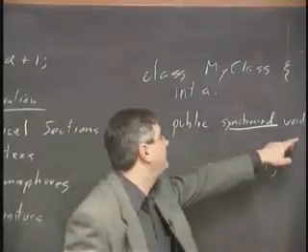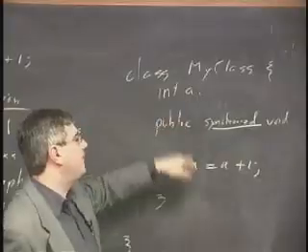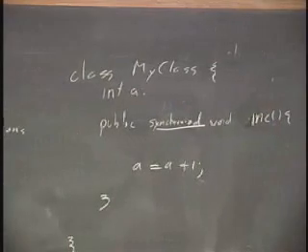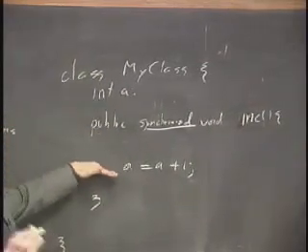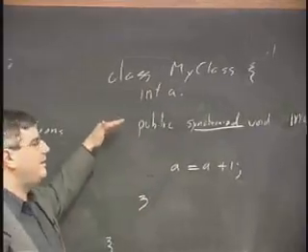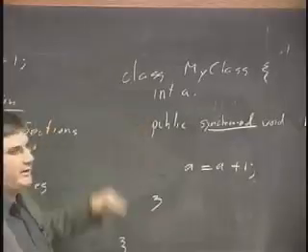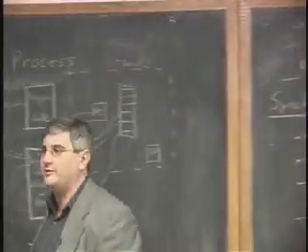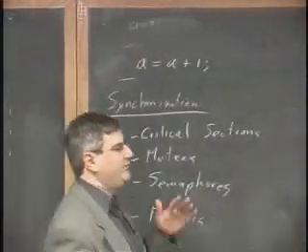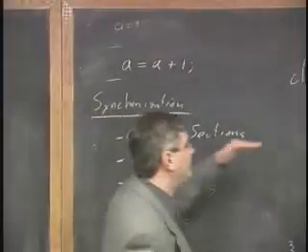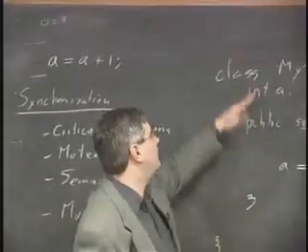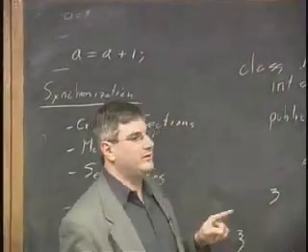If I make an instance of my class, and I have all my threads calling increment, anytime a thread gets in here, it will lock that entire instance, such that not only will no other thread be able to start this synchronized method, they will not be able to get access to any other synchronized method on that instance. So it's a little more powerful than a critical section, because it's not just locking you out of this piece of code. It's protecting the whole instance, but kind of in a limited way.